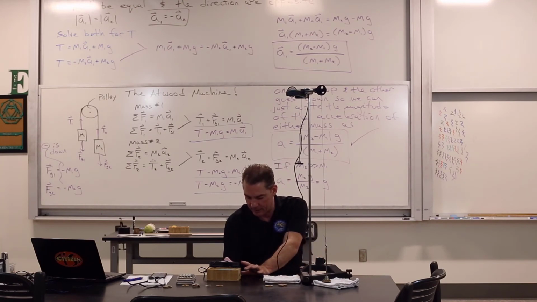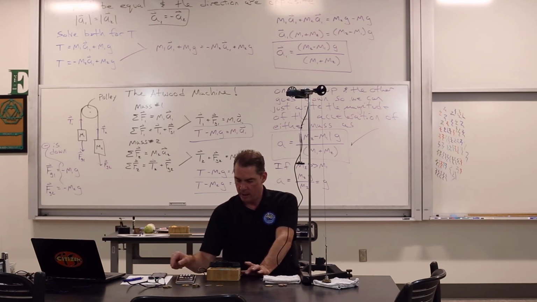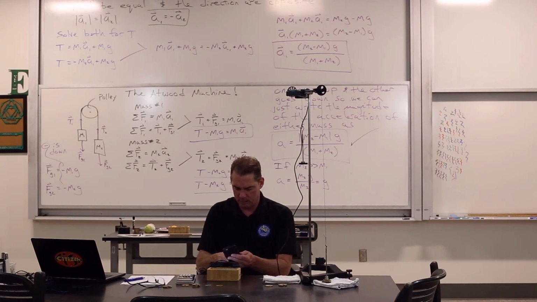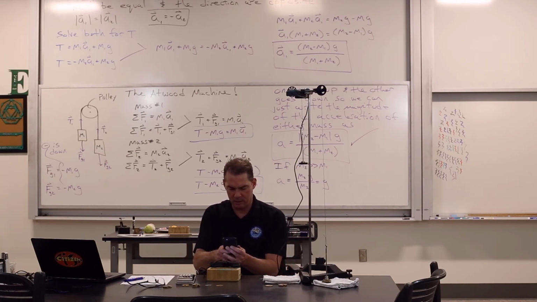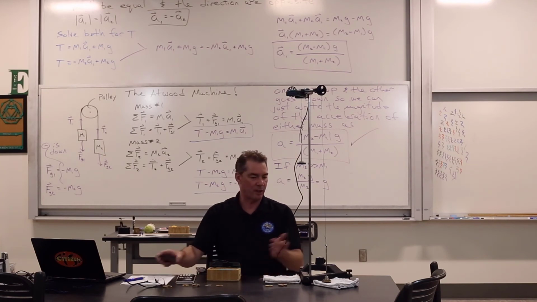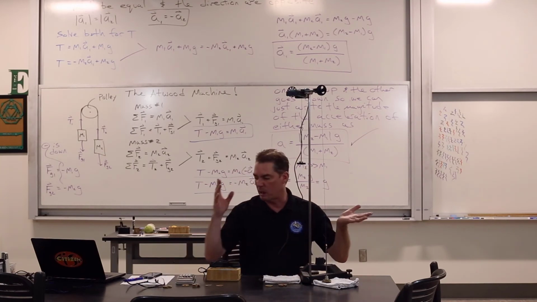All right. Zoom in on that. Highlight that portion. Perfect velocity. And linear. And this time we got a 3.675. A little bit less than we had previous to that. That's okay. Little variation. That's inevitable. Things swinging back and forth a little bit.